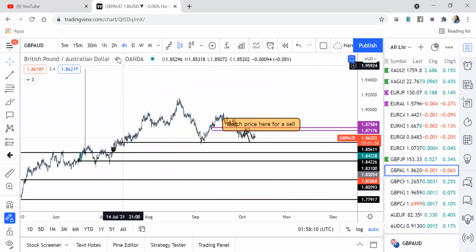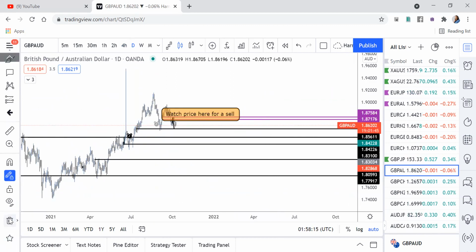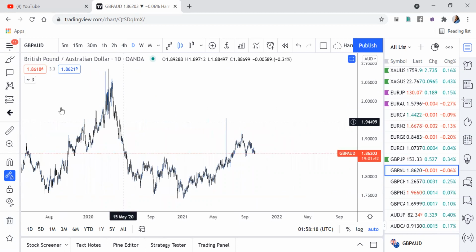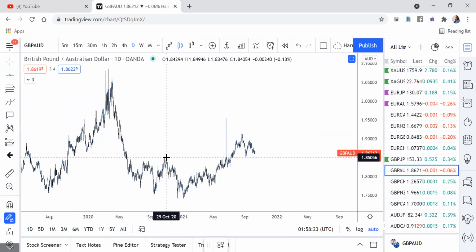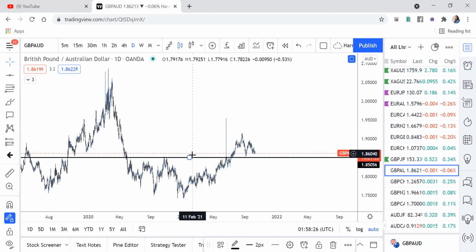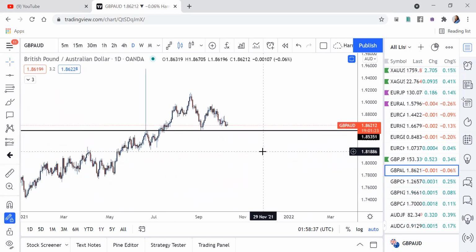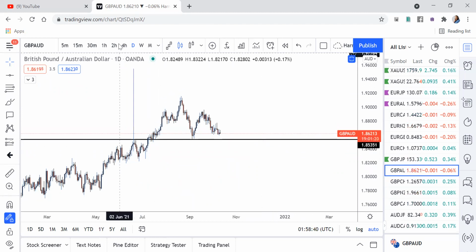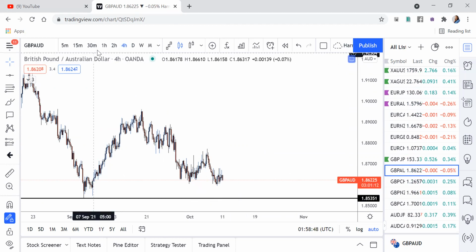Okay, GA. All right, we got structure here. I got price to come back down into these lows.